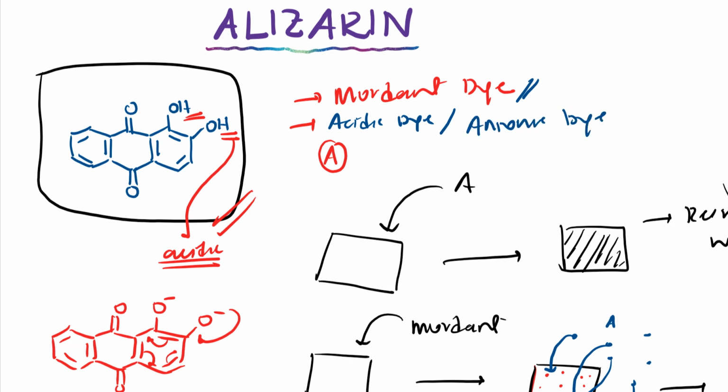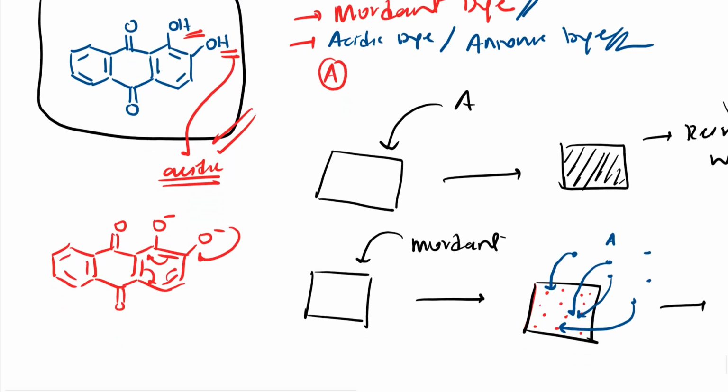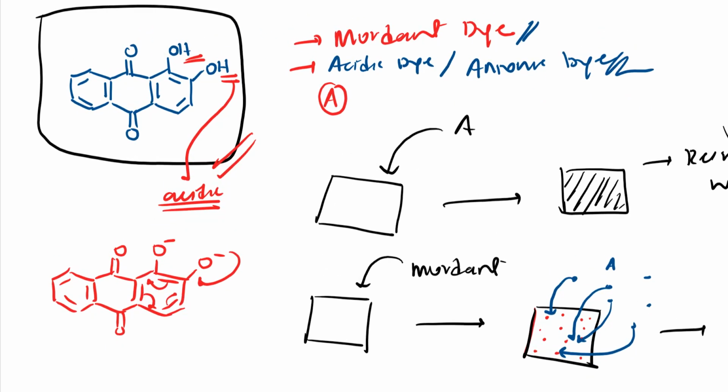So many names are there, and if you know the thing, it is understood. Mordant dye is the main thing. If it has an acidic proton, it is an acidic dye, and it is also called an anionic dye, because if you remove H plus, we get a negative charge. So this is all the basic information about alizarin. I hope I have covered everything.